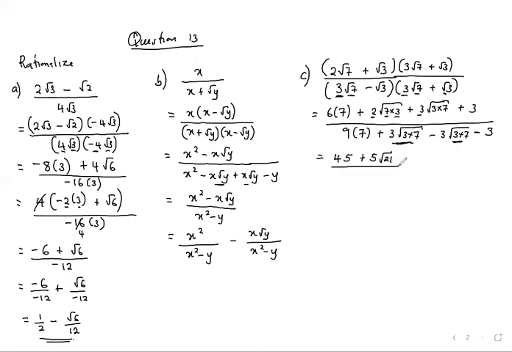Over 9 times 7, we get 63. 63 minus 3, we get 60.